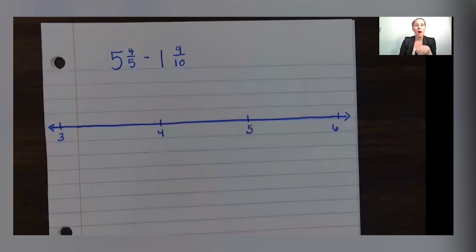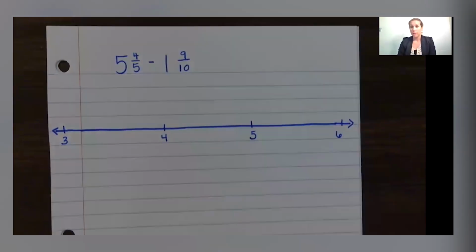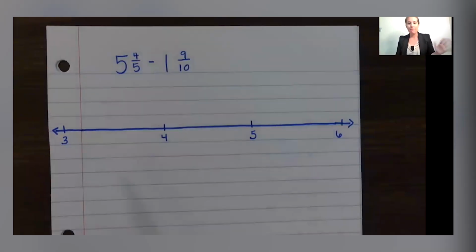Now, what do we know about 5 4/5? Well, we do know that 5 4/5 comes between 5 and 6. So we know it's going to be somewhere over here. Yes, we also know that the whole needs to be cut into 5 pieces. How did we know that? Because our denominator was what? 5. Excellent.